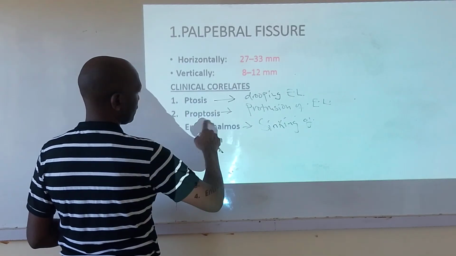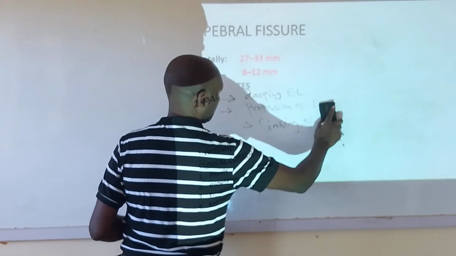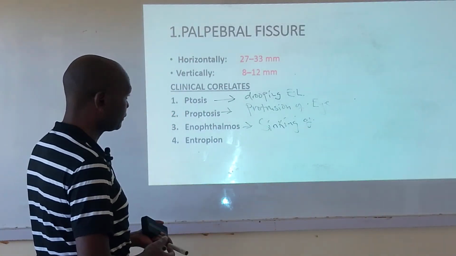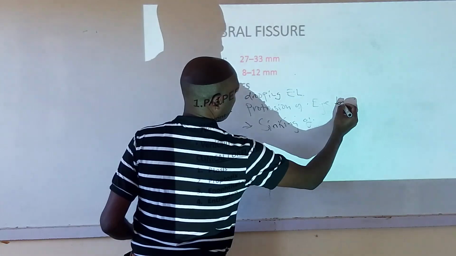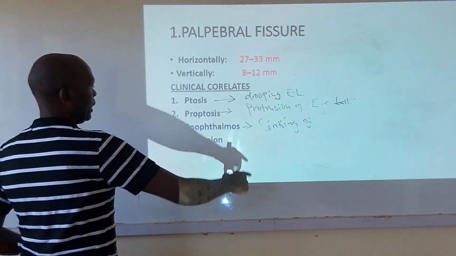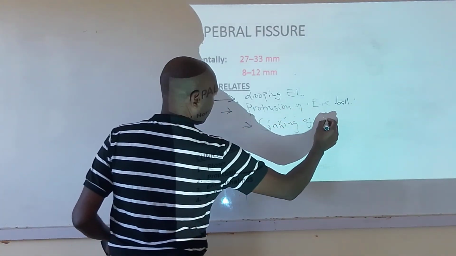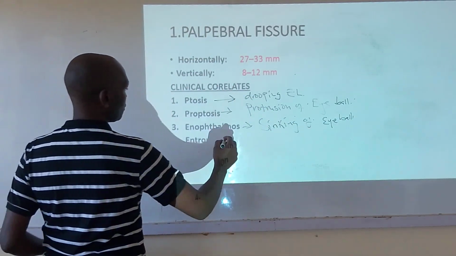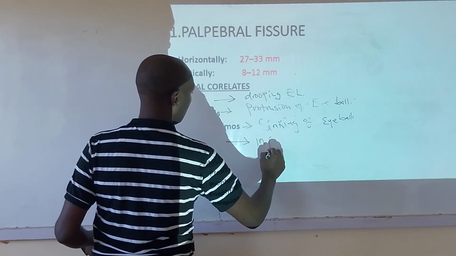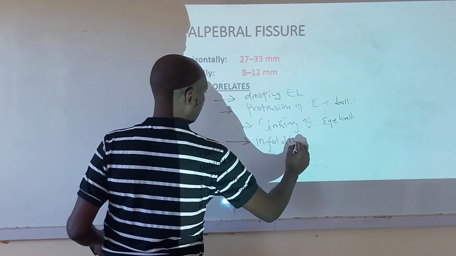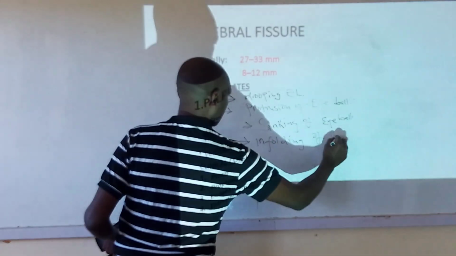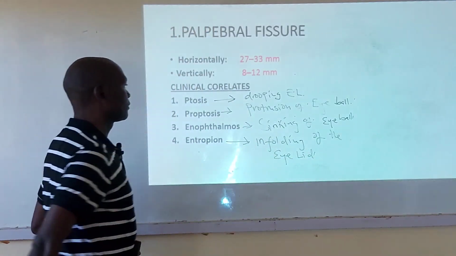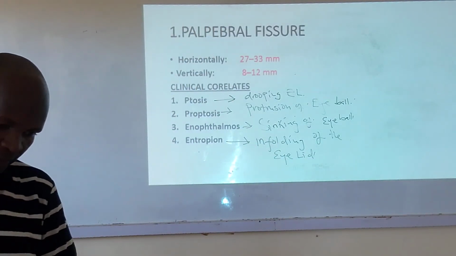Sorry, proptosis is protrusion of the eyeball, not eyelid. While enophthalmos is the sinking of the eyeball. Entropion is the infolding of the eyelid. So those are the meanings of those particular statements.